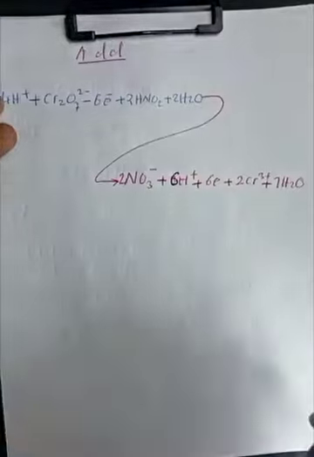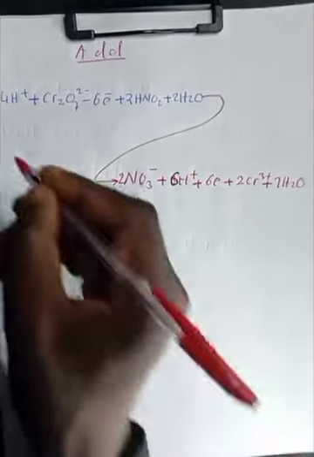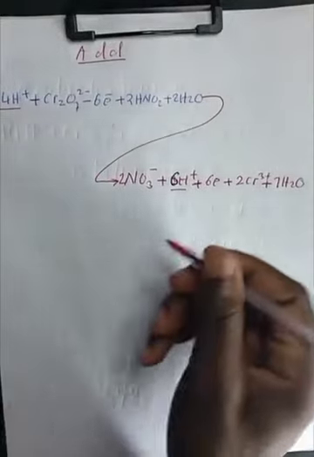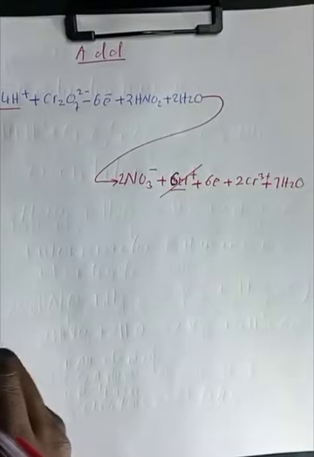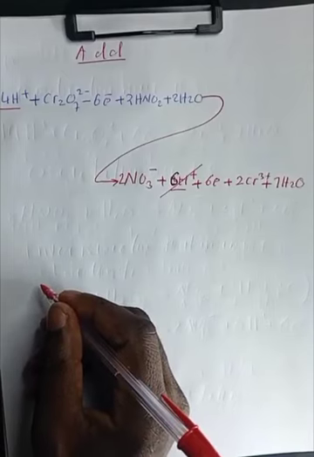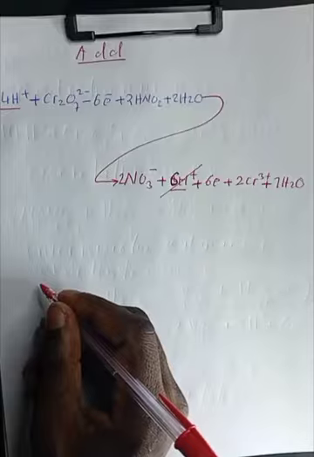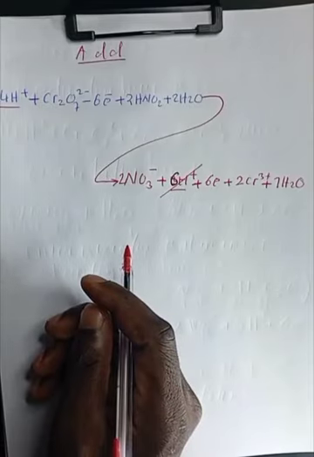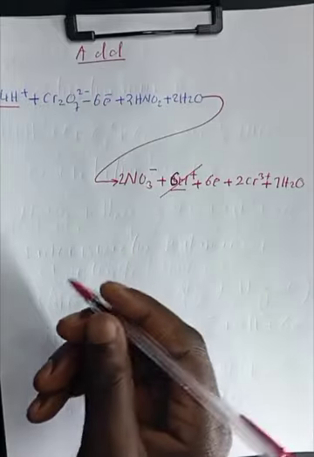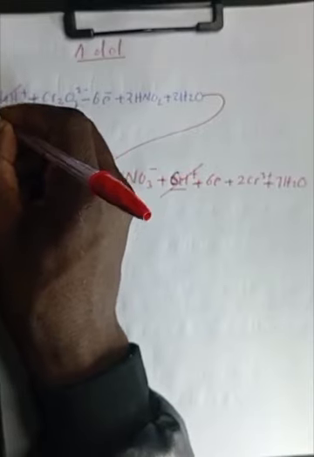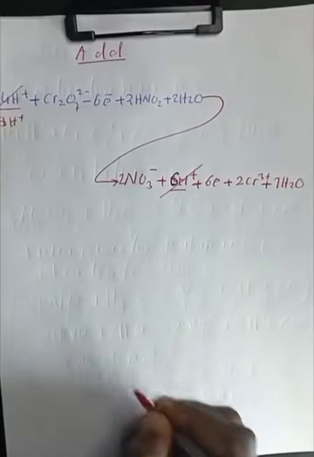So if you check properly, we have 14 hydrogen ion and 6 hydrogen ion. The smaller will go, the bigger will be reduced. So what is 14 minus 6? The answer is 8. So we remain with 8 hydrogen ion.